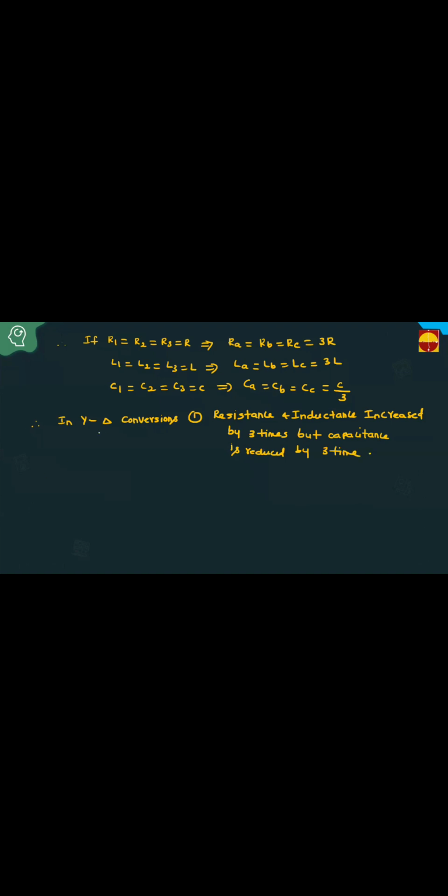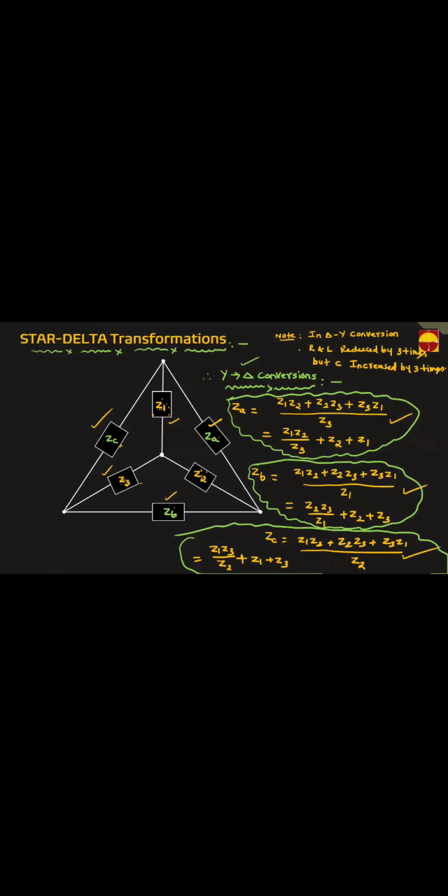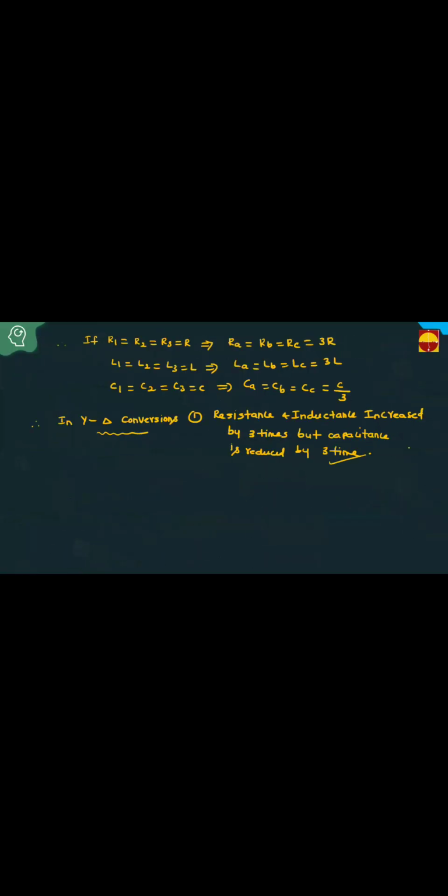That is in star to delta conversion. But in delta to star conversion, R and L are reduced by 3 times, but C is increased by 3 times. This is about the concept of how to apply star to delta and delta to star transformation. Clear? You have to concentrate.